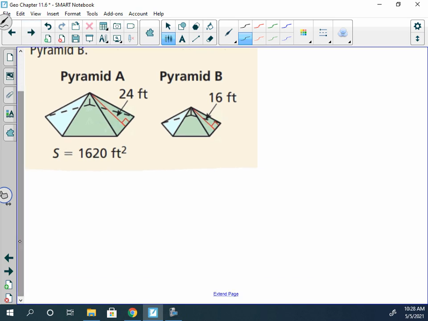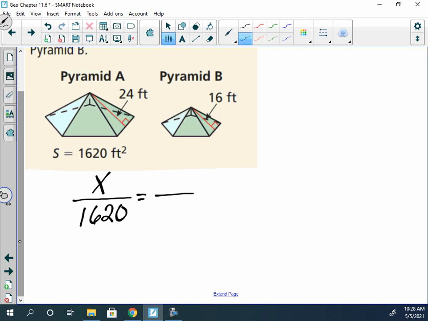All right, we're going to look at two more. We'll look at one more pyramid and then look at a cone. So we want to find the surface area of pyramid B. We're going to call it X because we don't know what it is. Now the surface area for the other one is 1620.